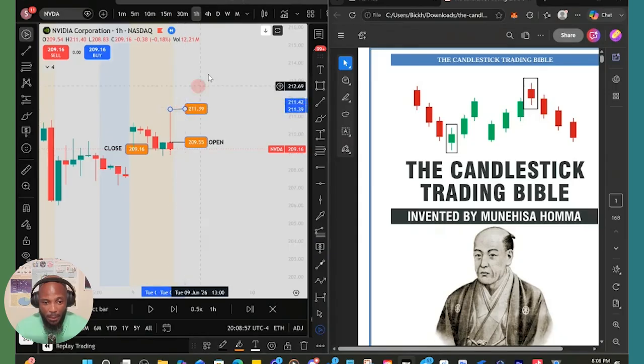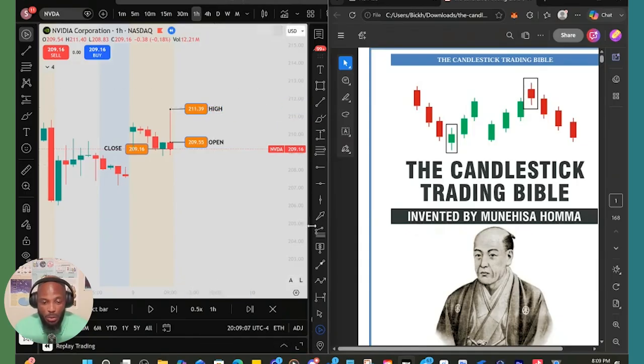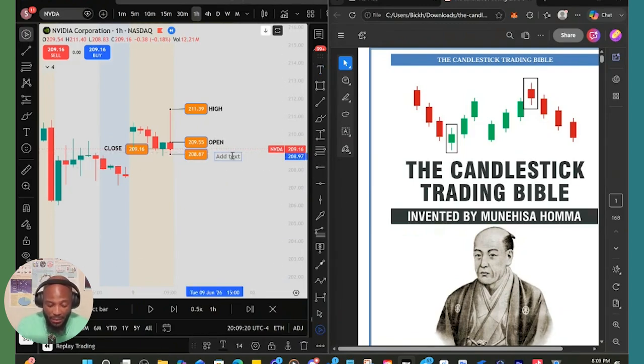Those are the only 4 things you will get out of a candlestick, but those are the only 4 things you should need when evaluating price action regarding the stock or asset you are looking at.